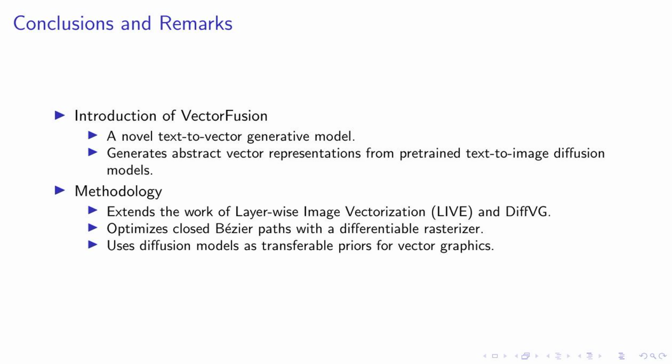It also employs diffusion models as transferable priors for vector graphics. In essence, VectorFusion is a significant step forward in the field of generative models, offering a new way to create vector graphics from text and opening up exciting possibilities for future research and applications.